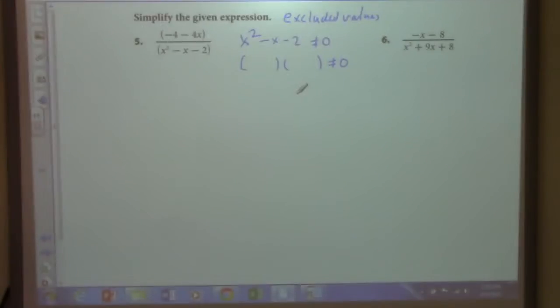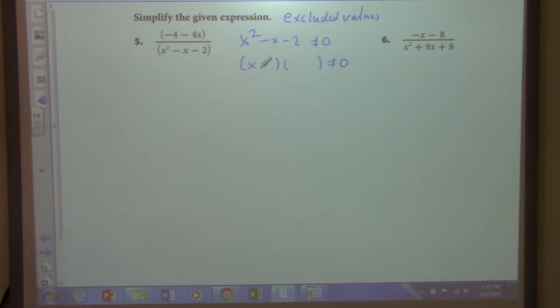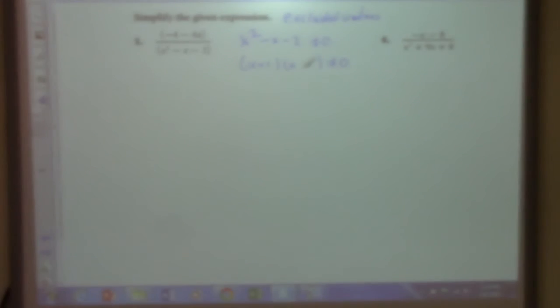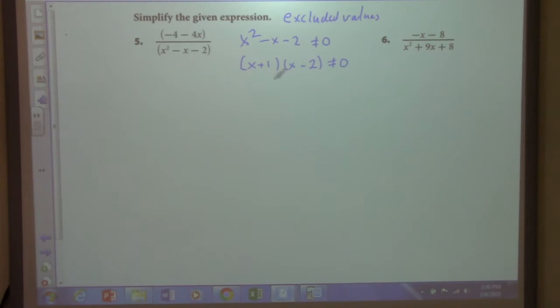So if we find the factors of the denominator, what are those factors going to be? X plus 1, x minus 2. And so what are the excluded values for x? What can x not be? X cannot equal negative 1, and x cannot equal 2.